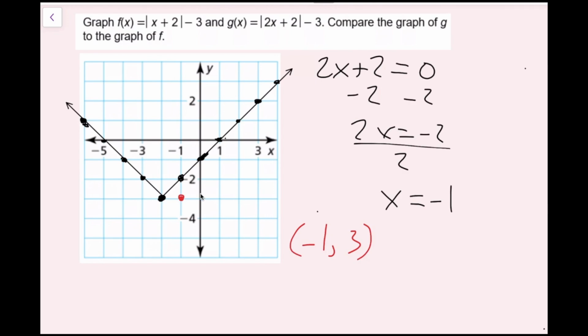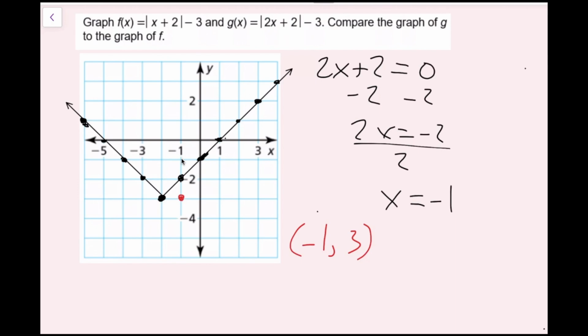So that means that it's going to still be a V shape, okay? But since 2 is being multiplied by x, my slope is going to be either 2 or -2. And since I want to keep that V, when my value of x is greater than my x value at the vertex, so -1 in this case, then I'm going to go up and have a positive slope. And when it's less than -1, I'm going to have a negative slope.